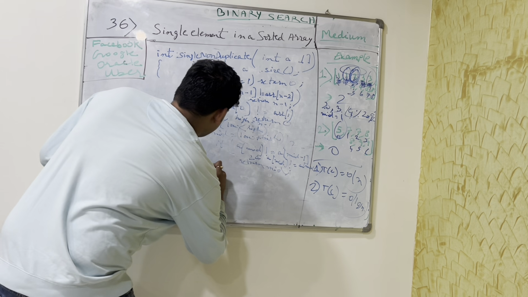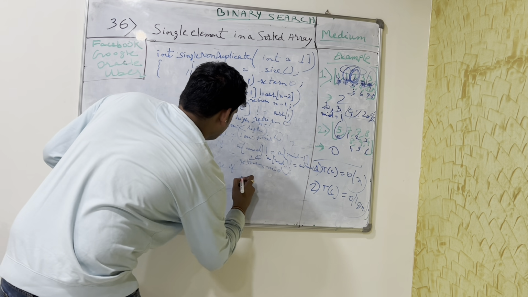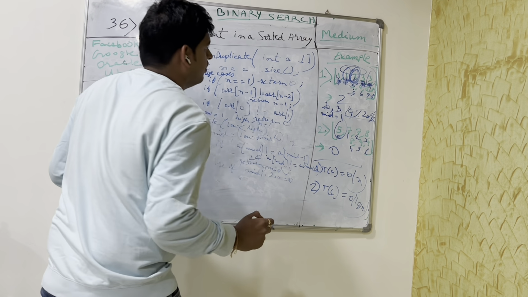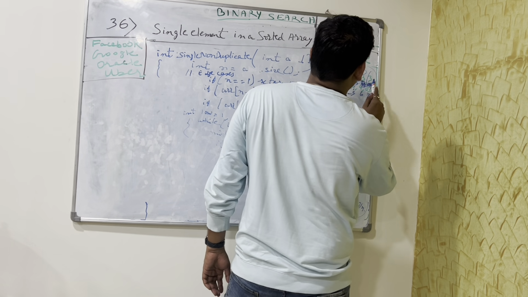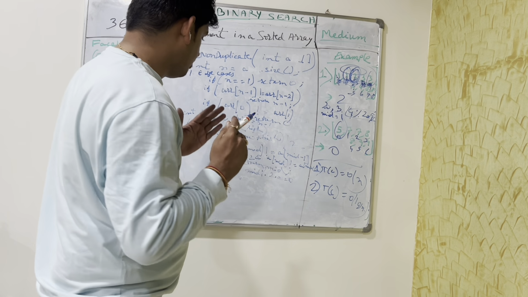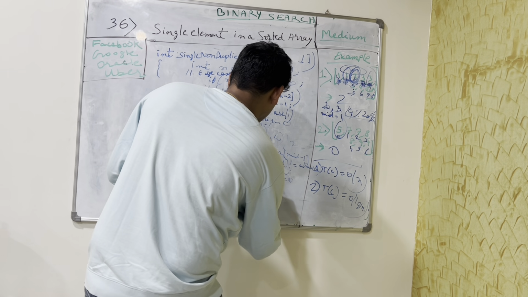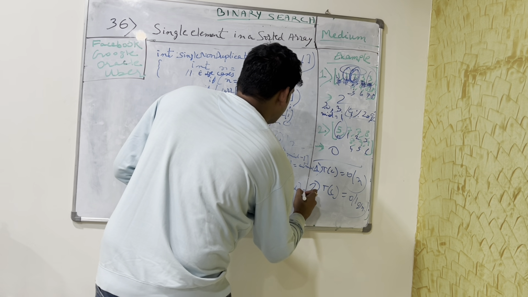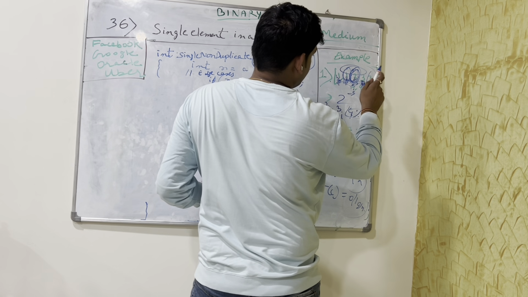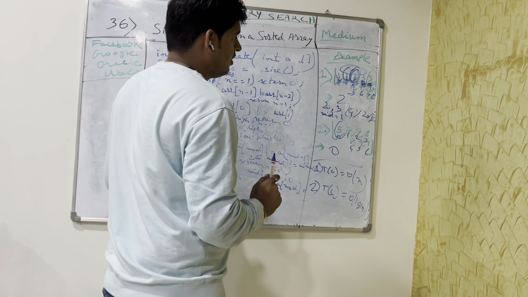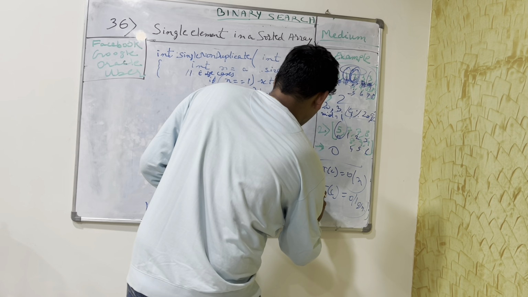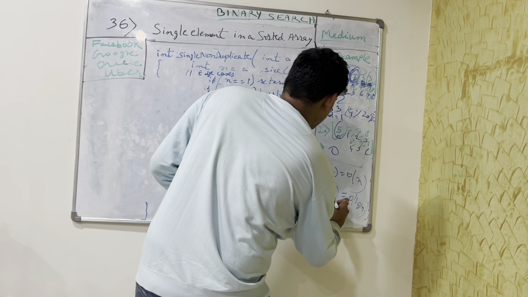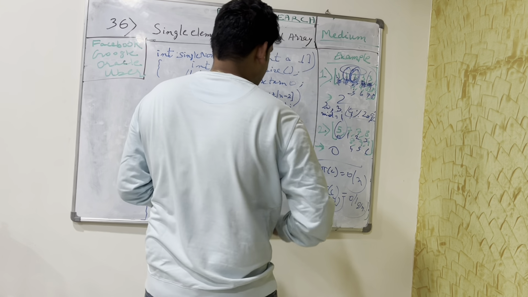Else if mid mod 2 is equal to 0, in this case, 4 mod 2 is equal to 0, and since it is 0, if A of mid is equal to A of mid minus 1, what does this mean?